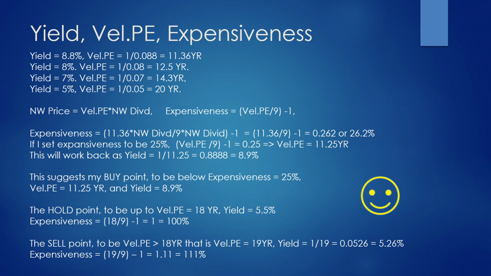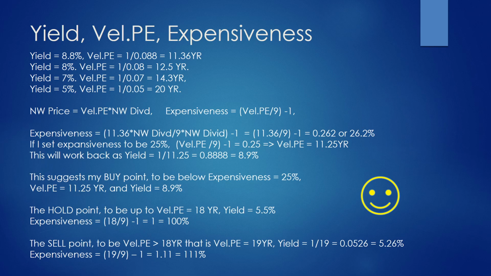Yield equal to 8%, velocity PE equal to 1 over 0.08 equal to 12.5 year. Yield equal to 7%, velocity PE equal to 1 over 0.07 equal to 14.3 year. Yield equal to 5%, velocity PE equal to 1 over 0.05 equal to 20 year.